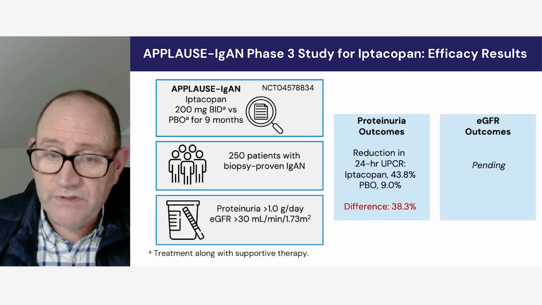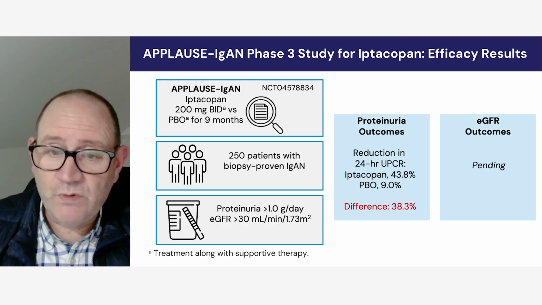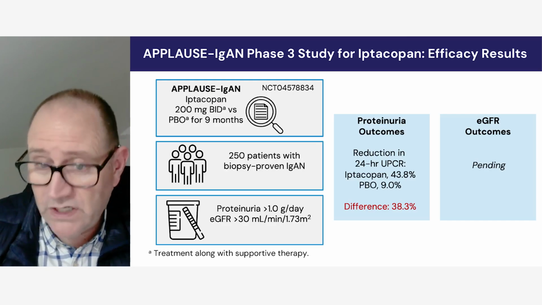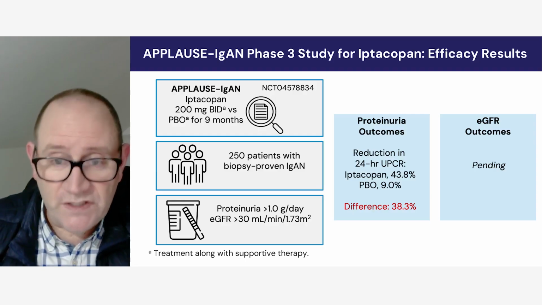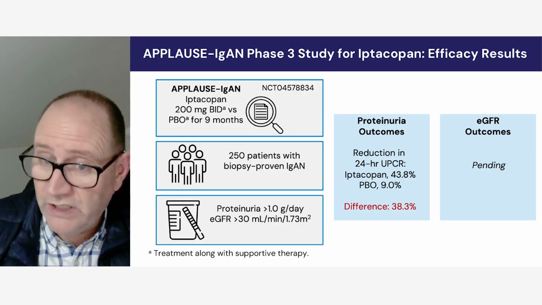The APPLAUSE trial was a placebo-controlled study looking at iptacopan 200 milligrams twice daily against placebo. And we have now reported and published the 9-month interim analysis, which looked at the effect of iptacopan treatment on proteinuria in high-risk IgA nephropathy patients.